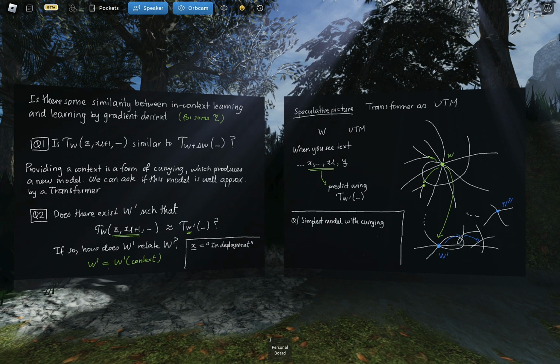But okay, let's say we want to use these models more. Prompting them is a very natural way to interact with them and kind of tune them to do what you want. So this might become either alongside or even potentially in place of gradient descent as a way to train and improve models.